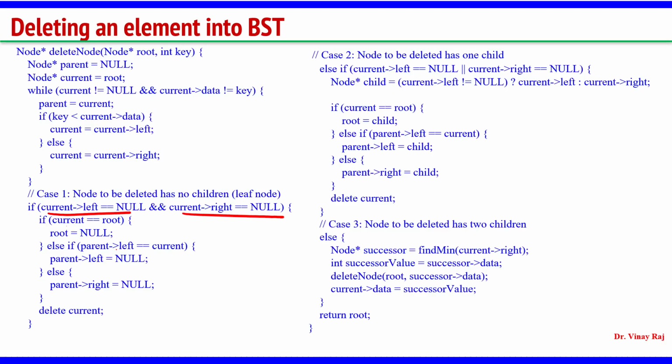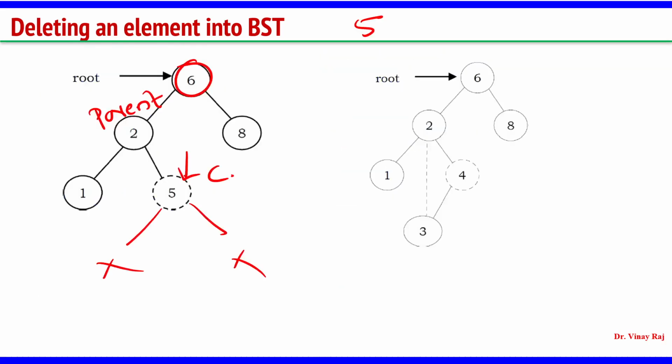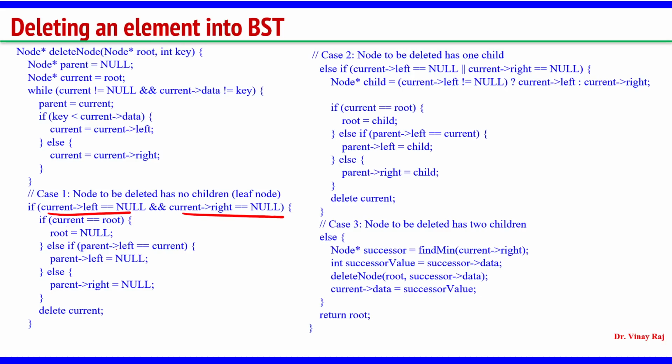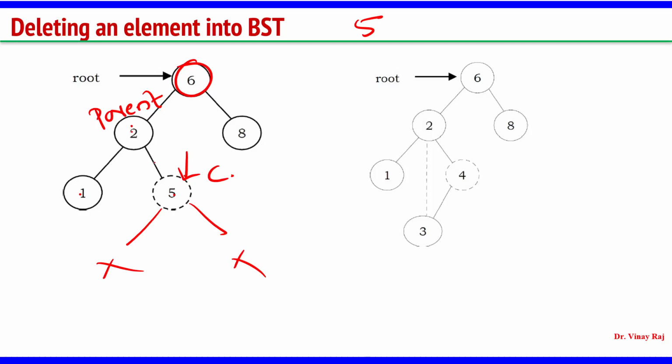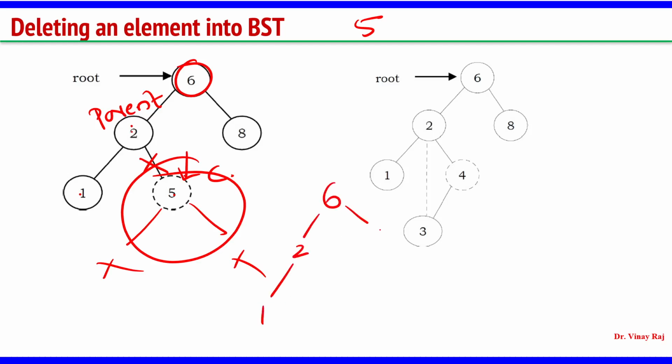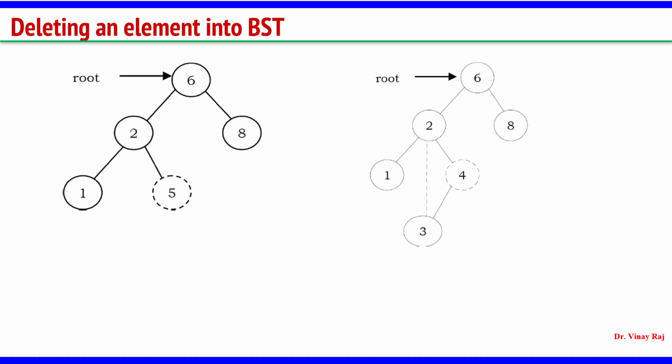My current is 5, my parent is 2, 2's left is 1, so else parent right equal to null, simple. So you are just making it null. So this node is deleted. This connection is deleted. So this node becomes free. So the tree will become simply 6, 2, 1 and 8 like this. 5 will be deleted.